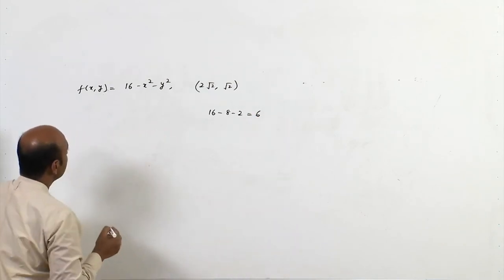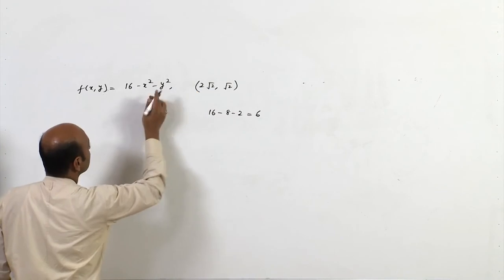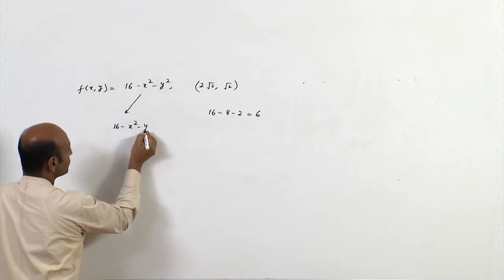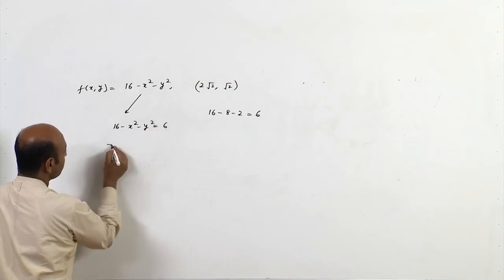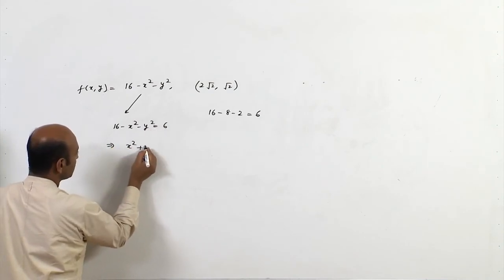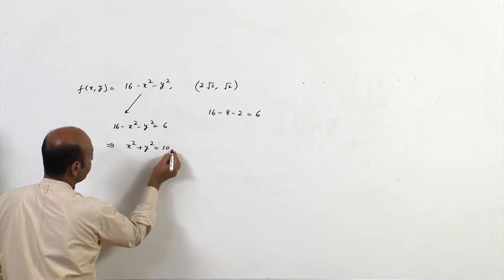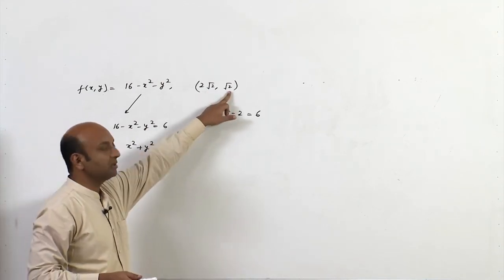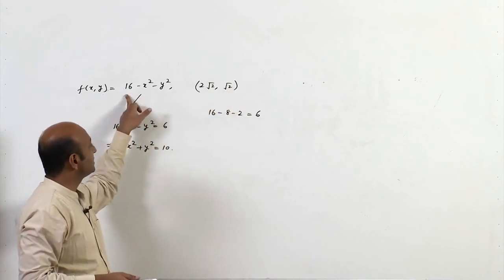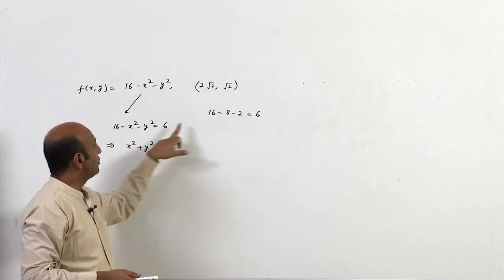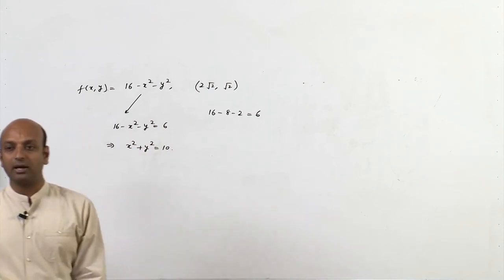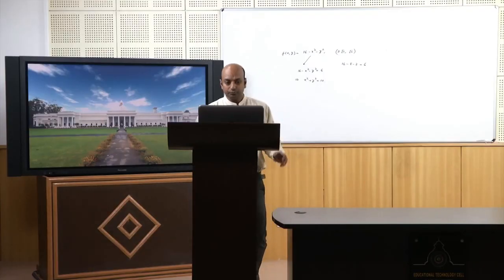So the level curve will be 16 minus x square minus y square equal to 6, which implies x square plus y square equals 10. Very simple: you simply substitute, because it passes through this point. It passes through this point means f is equal to 6, and when you substitute 6 here, this gives the level curve of f at this point.